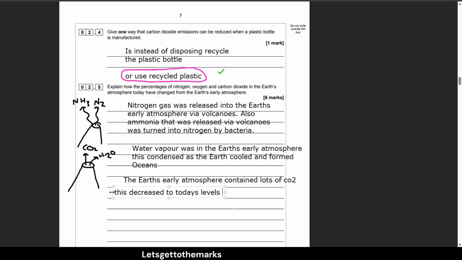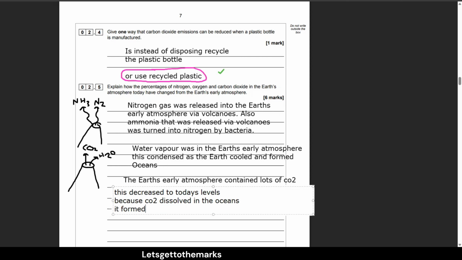But this decreased to today's levels. And why? Because CO2 dissolved in the oceans. Carbon dioxide is very soluble, and lots of CO2 dissolved in the oceans. Carbon dioxide dissolved in the oceans.